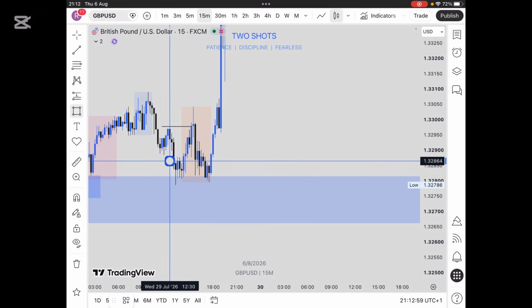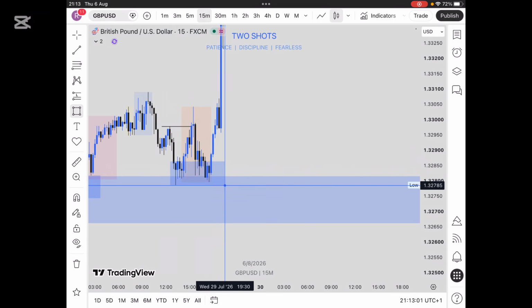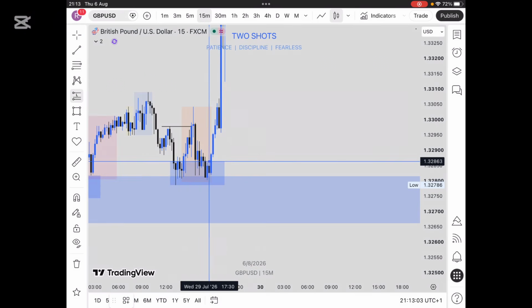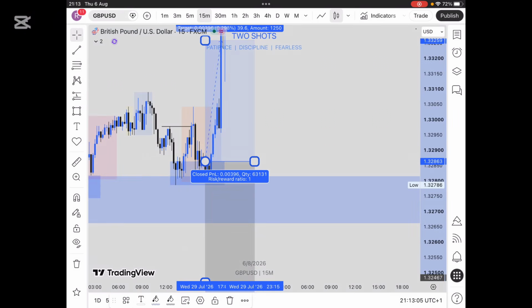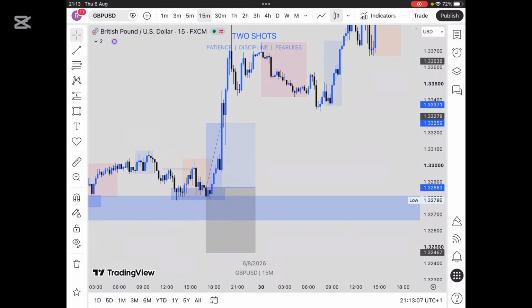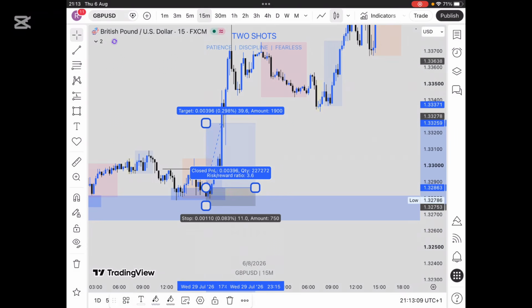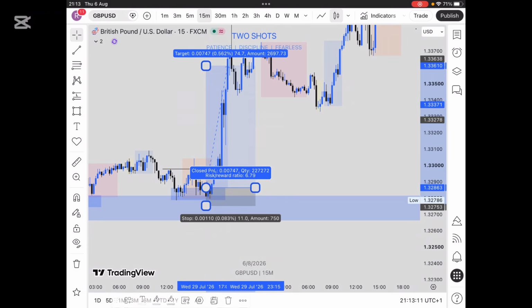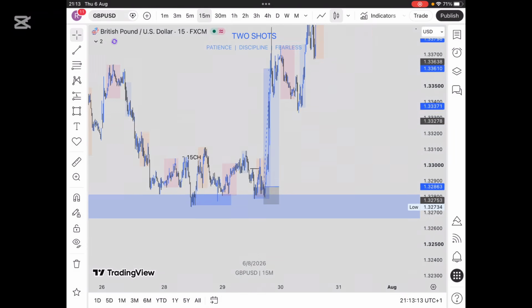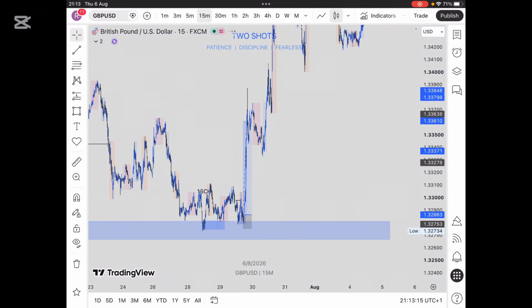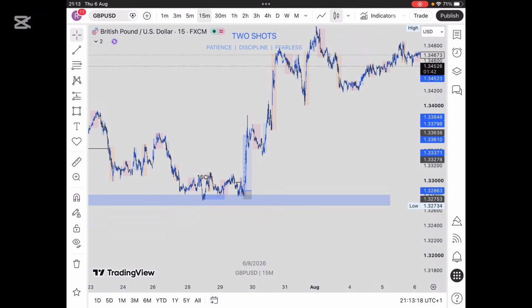Maybe take this last candle as my entry for a more conservative entry. 1:2 first, target 1:5, and maybe wherever I feel like taking my profit again, do that.